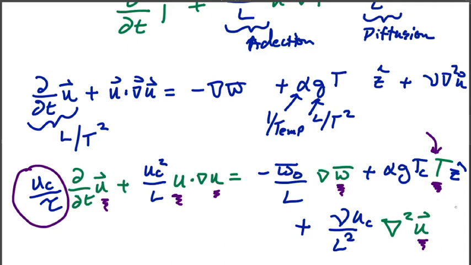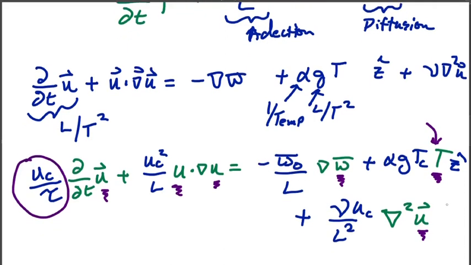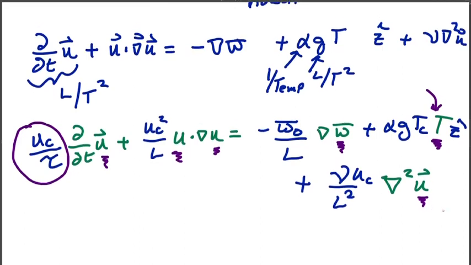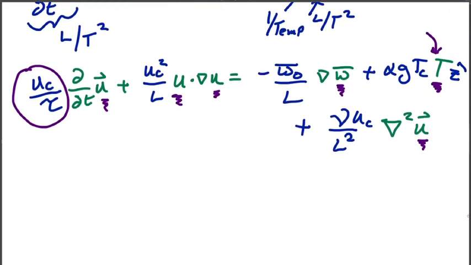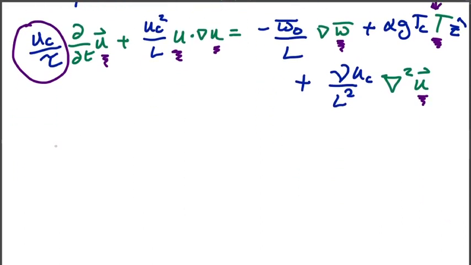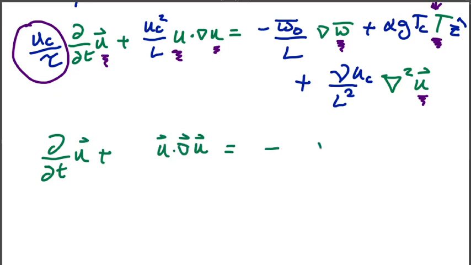So let's take our leading term here. Let's multiply the whole system by tau over uc to eliminate that term, and let's write down the resulting system. All right, we've got d by dt of u plus u dot grad on u. We've got a minus and a grad pomega. We've got our T in the z hat direction, and we've got our Laplacian of u.